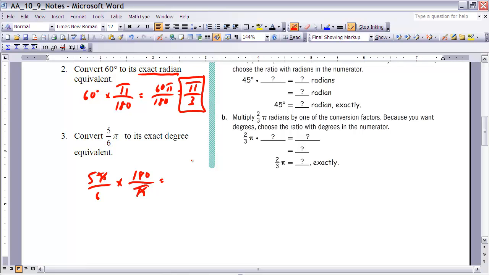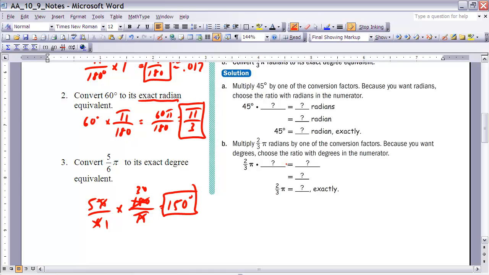So I'm left with a 6 and a 180. Well, 6 evenly goes into 180 30 times. So this is 1 and this is 30. And then if I multiply that out, 5 times 30, I get 150 degrees. Therefore, this would be the exact degree measure that we'd be looking for.